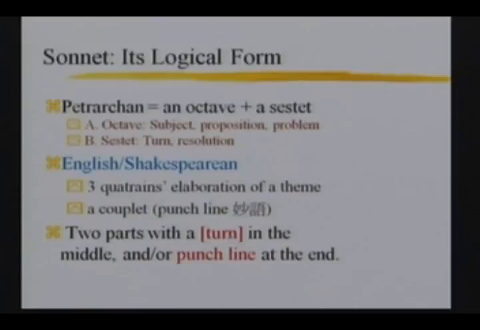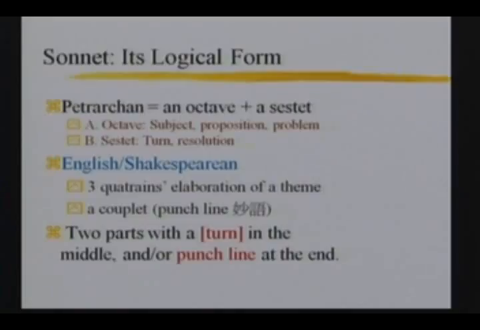Okay, so I think when you look at the logical development, these are the two things you should look for: whether there is a turn, a logical turn, maybe in the middle part, after the first two quatrains, okay, and whether there is a punchline at the end, and what the punchline does to the previous three quatrains. Sometimes the punchline can undermine the idea that has been elaborated on in the first three quatrains.